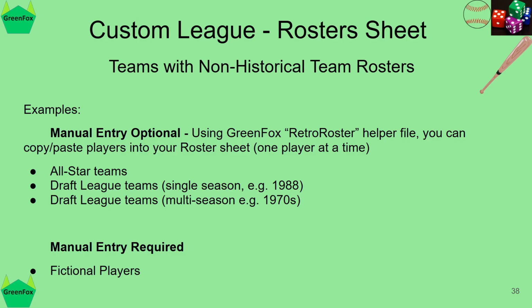And this would be possible if you have all-star teams or draft league teams, whether just from a single year, like you had a custom draft from all the players in 1988, or you drafted players that were composed of any team from the 70s that you could choose. So those are examples of teams made up of historical players, but they're not on their standard teams.